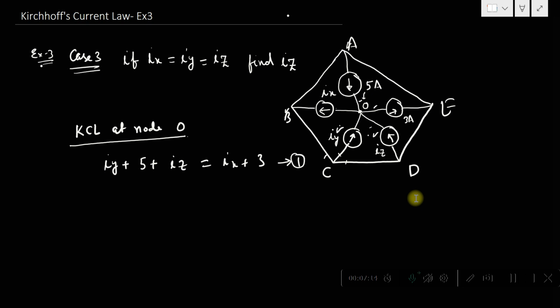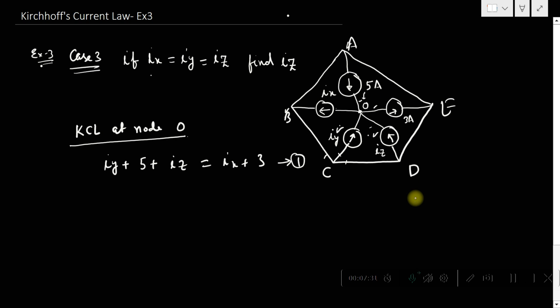Now let's look at another case where all these currents Ix, Iy and Iz are equal, and we need to find Iz. We'll use the same KCL at node O which we used in the last two cases.